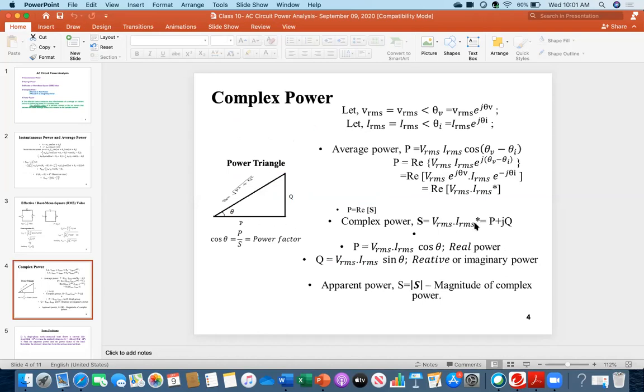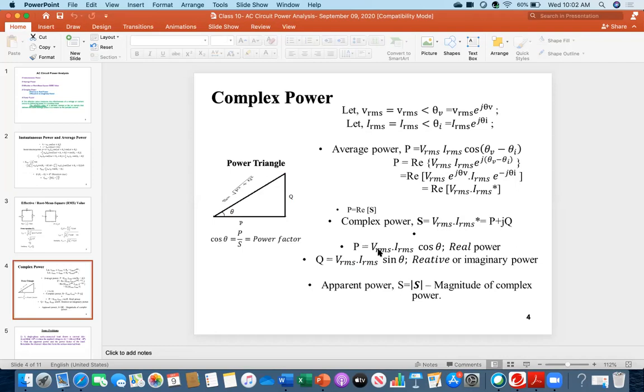So this means AC complex power can be represented in terms of a triangle, which is called the power triangle. In this power triangle, this axis P is your real power, Q is your reactive or imaginary power. Because I wrote it in the format P plus jQ, what was my original definition? P is VRMS IRMS cos of theta V minus theta I. Therefore, I will be getting two parts.